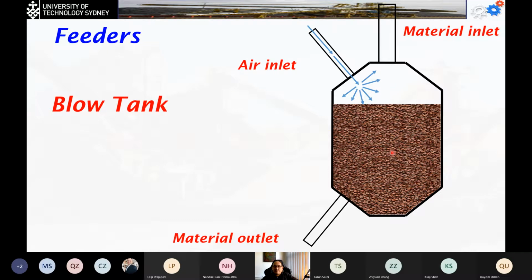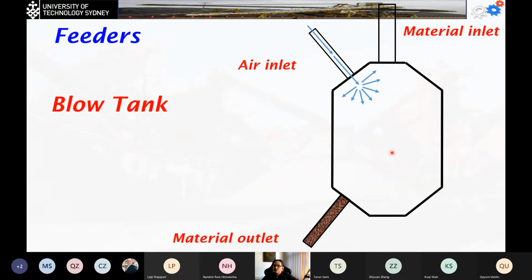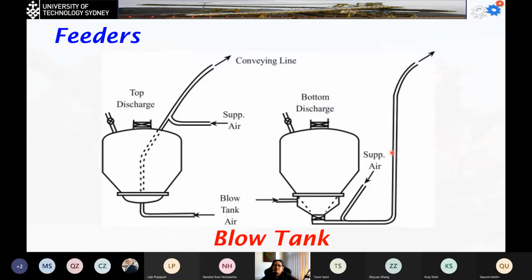Of course, we have multiple gauges there. And then we're going to open the material outlet. So the high pressure will force the material to run through the outlet, filling the pipe, and then we're going to close and repeat the process. So this is an example of the blow tanks.